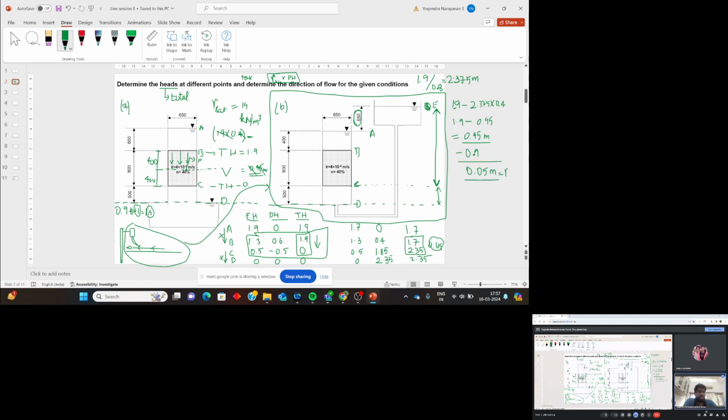This will be the pressure head at that point. Now you multiply it by gamma w, that is 10. You will get 0.5 kPa. That is the pore water pressure. Now you can subtract the total minus this.